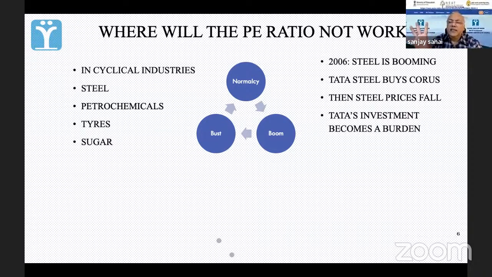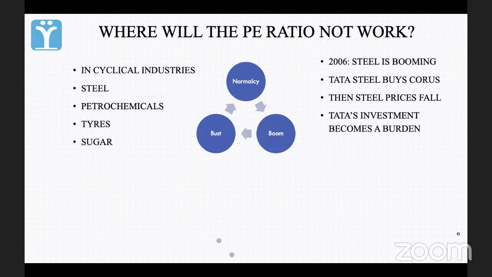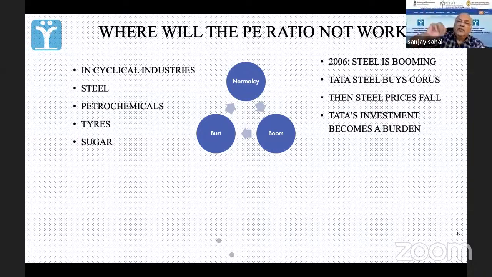Boom means that there is a huge demand for whatever product they are making. Let's say that steel is there. Tata is making steel. Now, steel is sold not just in India, it is sold across the world. Let's say that the world prices of steel are going high. It is increasing. So if the steel price is increasing and my cost remains the same, then what will happen? I will make more profit.